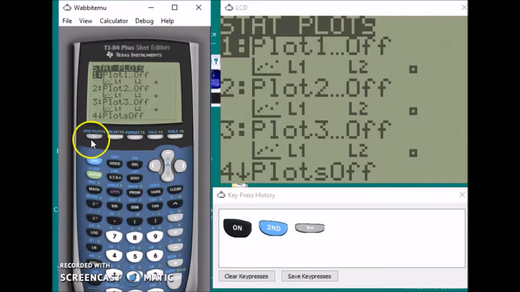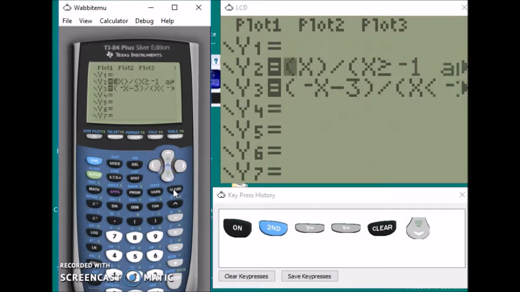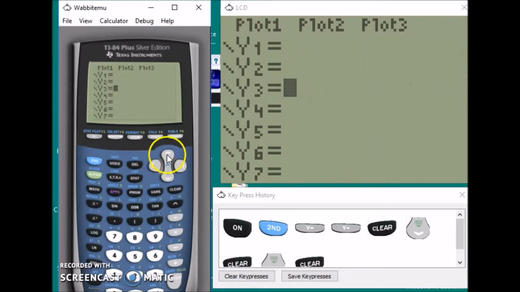The next thing I'm going to do is press y equals. Go ahead and clear out what you have. And notice if you type something today, for example, if I just type in 9, do you see the equal sign gets darkened? That's what it's going to graph. Okay, so our piecewise function we just graphed had 3 of them. Okay, so let's put that into our calculators.